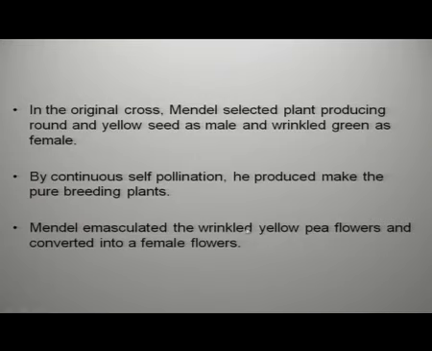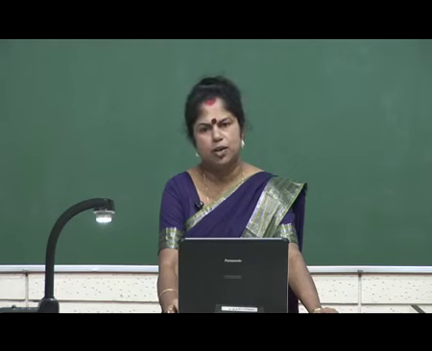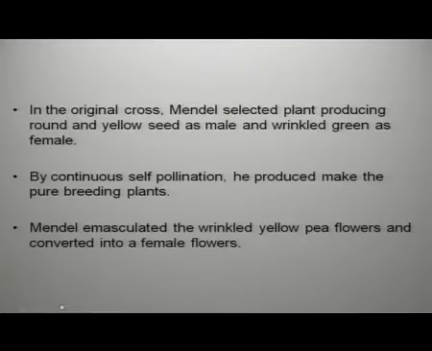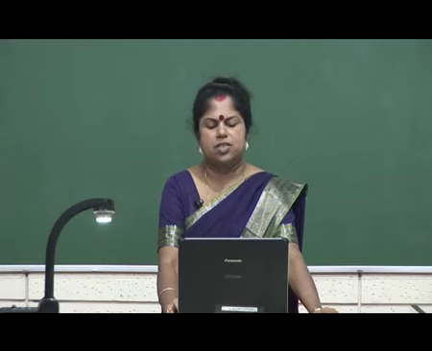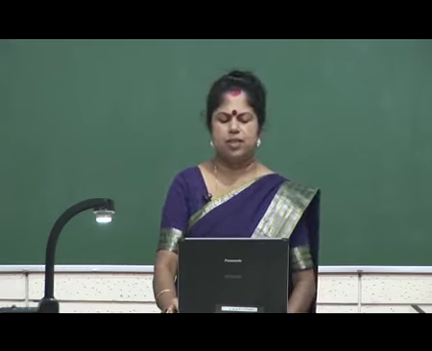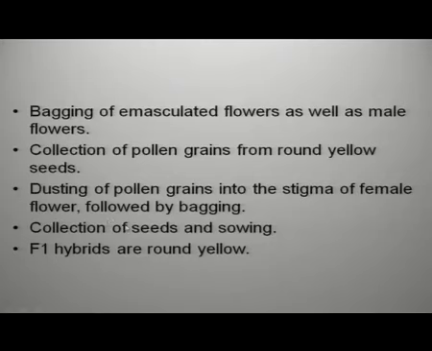The wrinkled green plant is emasculated and converted into the female plant, and the male plant is round and yellow. So, we collect the pollen grains from the round yellow plant and dust them on the stigma of the female plant, that is, the plant producing wrinkled and green seeds.